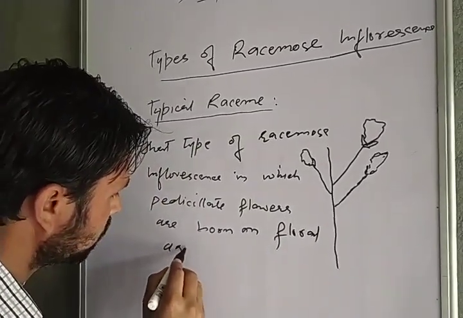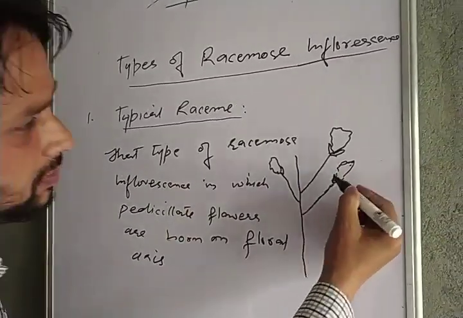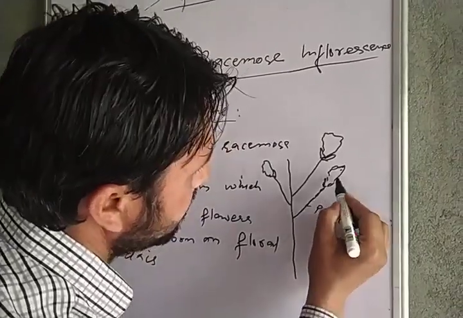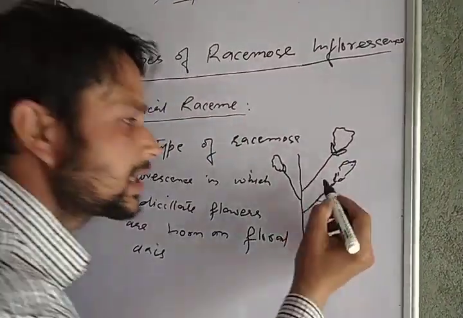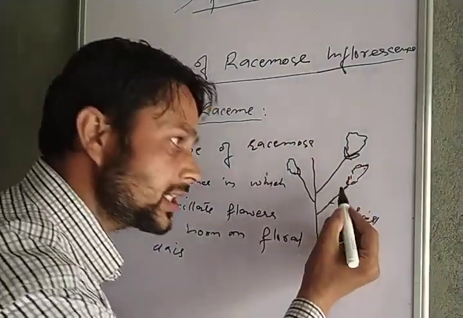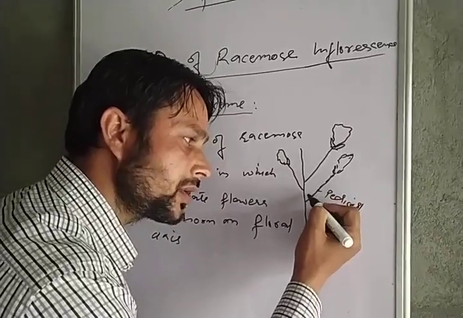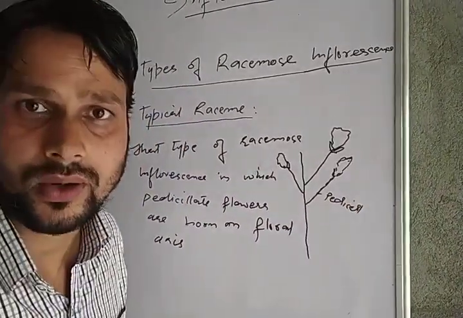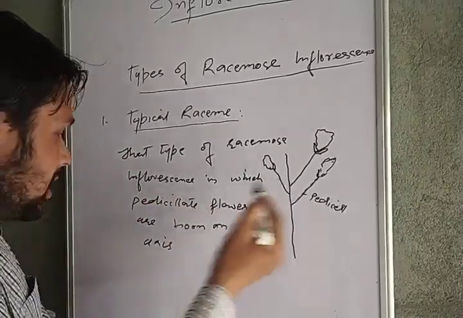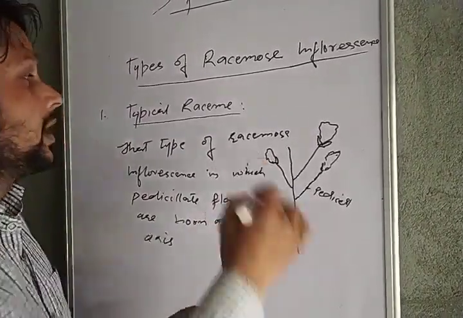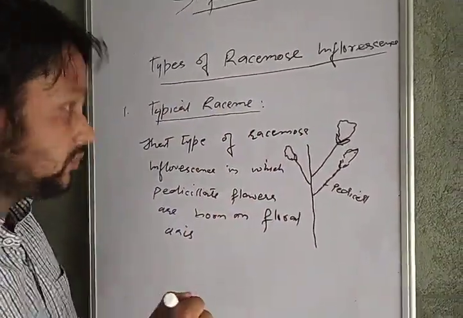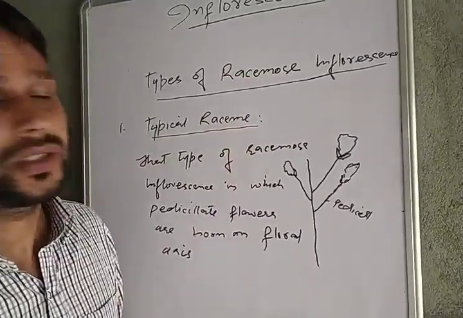This is the pedicel and this is the flower. When a flower has a stalk-like structure attached to it, it is known as a pedicellate flower. And when the pedicel is absent and the flower is directly attached to the peduncle, it is called a sessile flower. So in a typical raceme, pedicellate flowers are born on the floral axis. This is the typical raceme type of inflorescence which comes under racemose inflorescence.